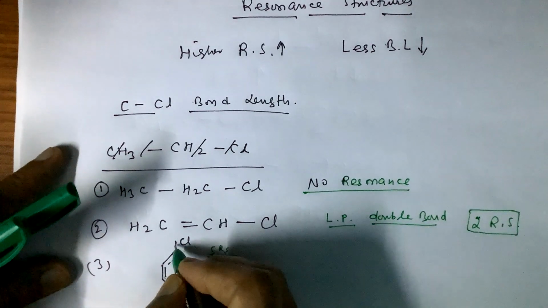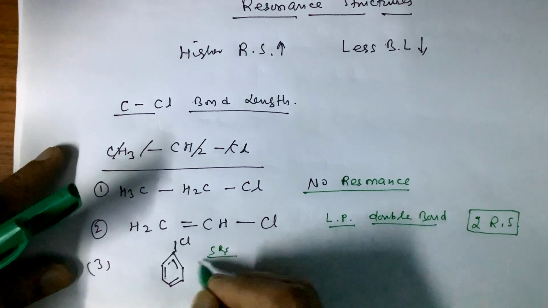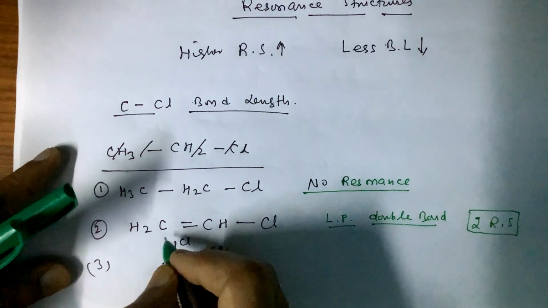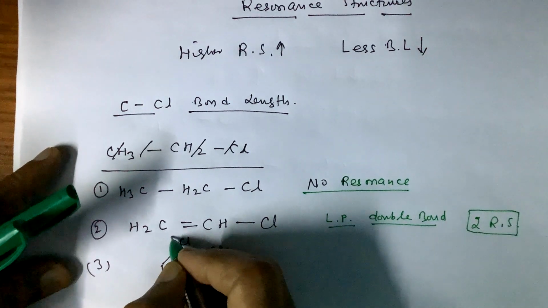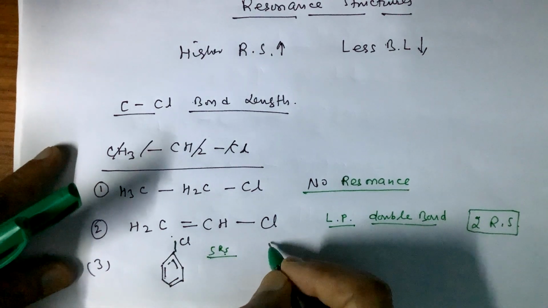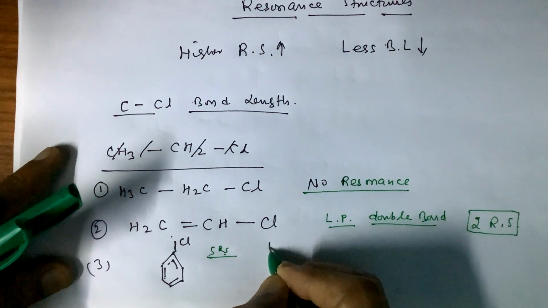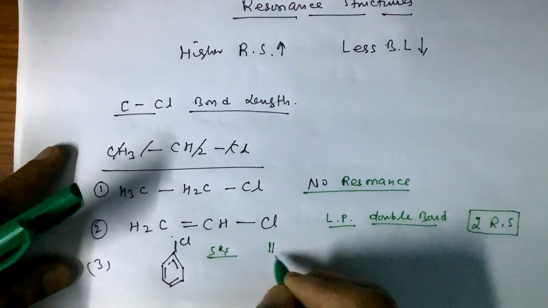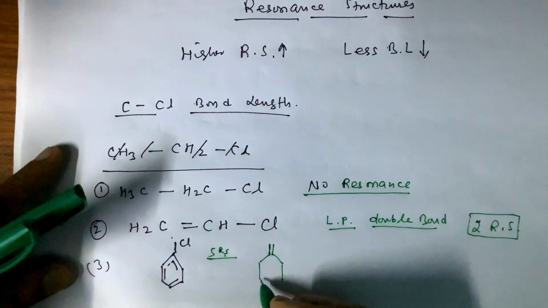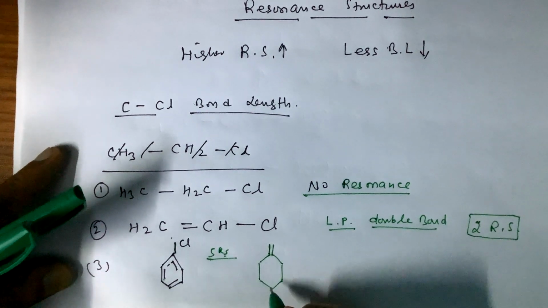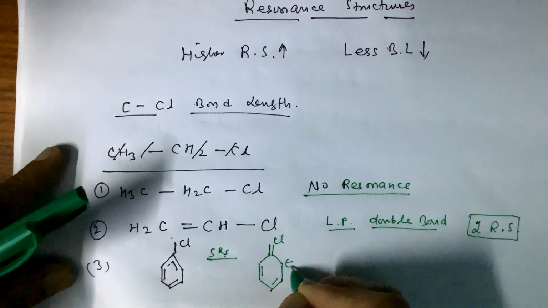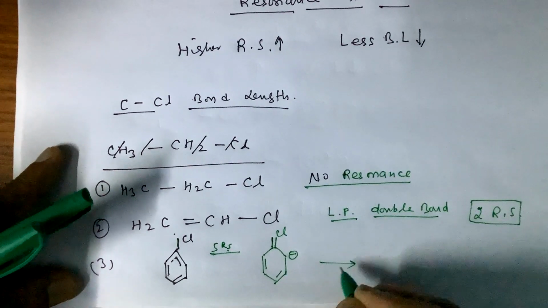See, here it is a lone pair, the lone pair on Cl. This is another resonance structure. This way.